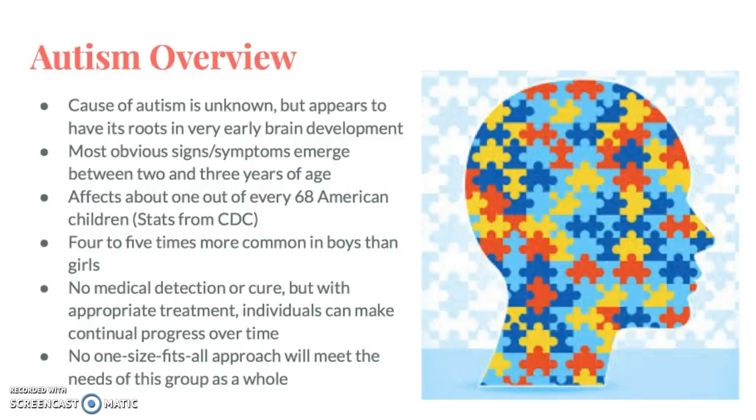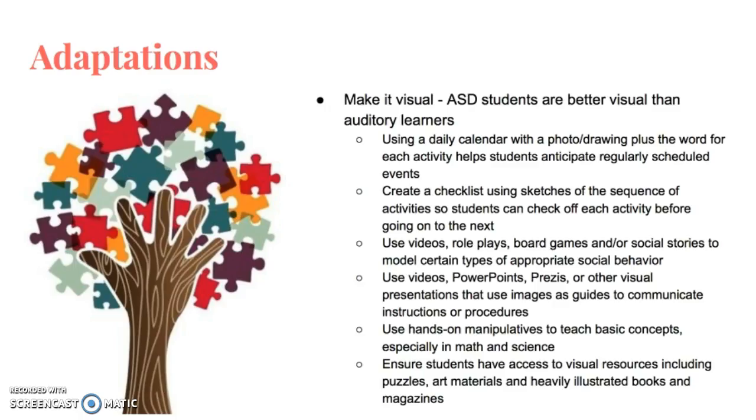There is no medical detection or cure, but with treatment and support, individuals can make progress over time. It's important to note that no one-size-fits-all approach will meet the needs of this group because, as we said, it's a spectrum, so each student will be different and will have different needs.